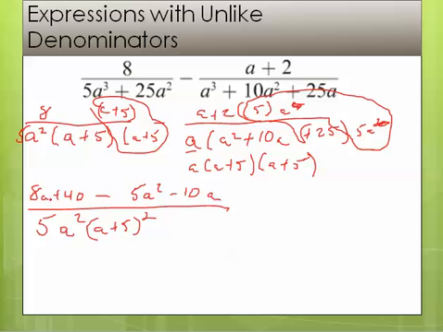Okay, well, let's put this in a form that we can actually factor it, because I think there might be some factors in there. I've got a minus 5a squared minus 2a plus 40. Wow.